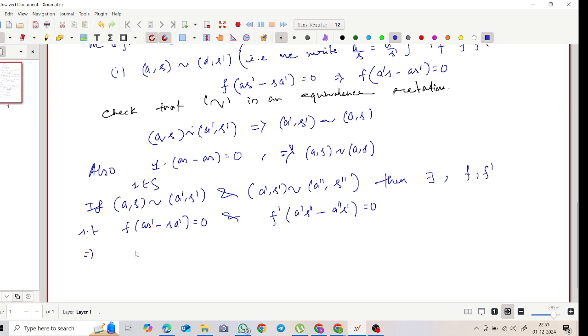So what does it mean? It means if (a, s') is related to (a', s), that is, (a', s) to (a'', s'), right?